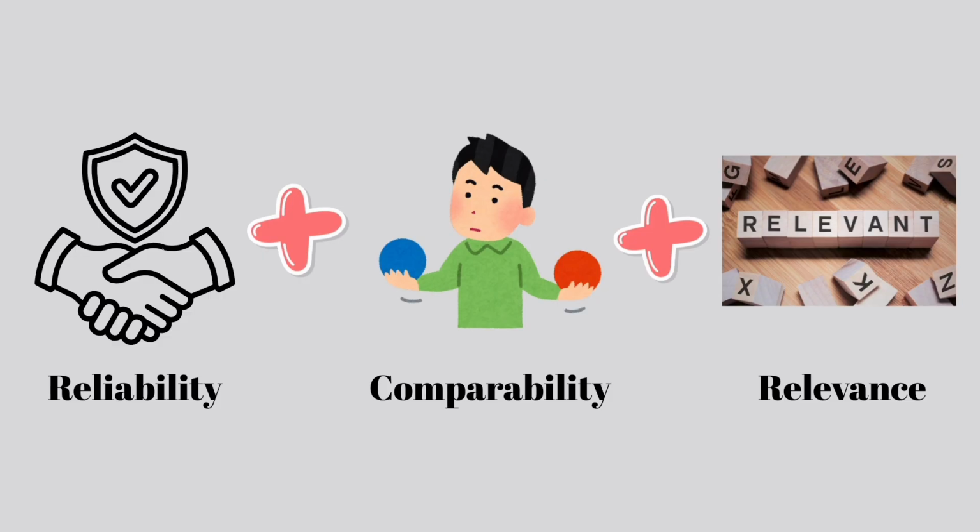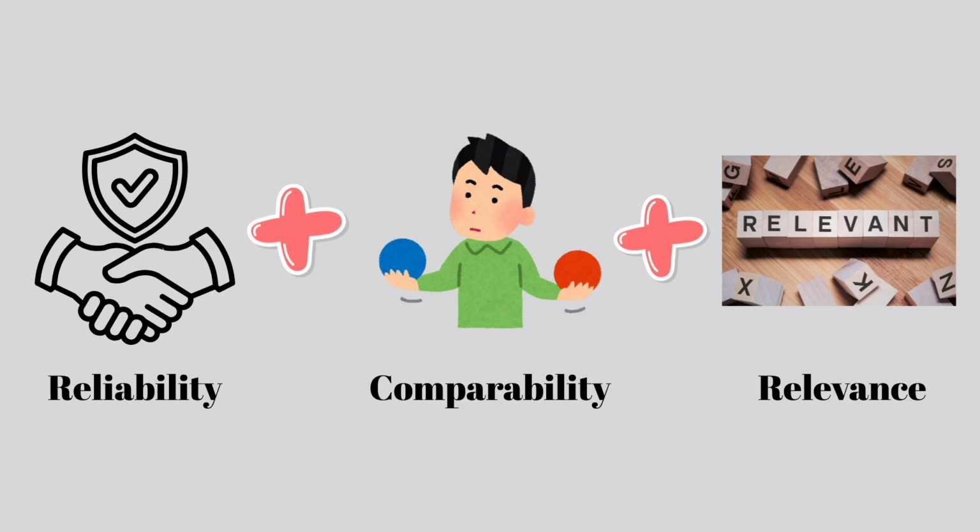Reliability, it means that the information given out are truthful, so there are evidence backing these transactions. Then relevant, it is actually what the stakeholders need. So to ensure that the entities are providing them with information that are actually useful.